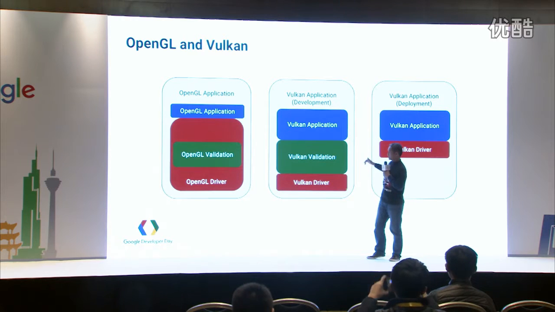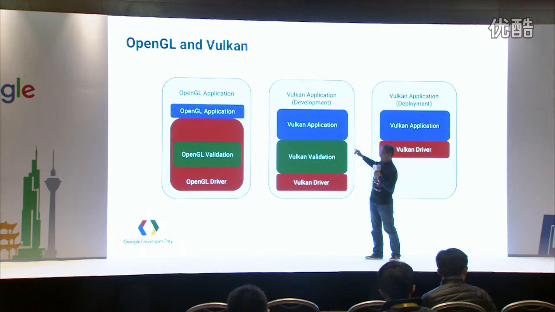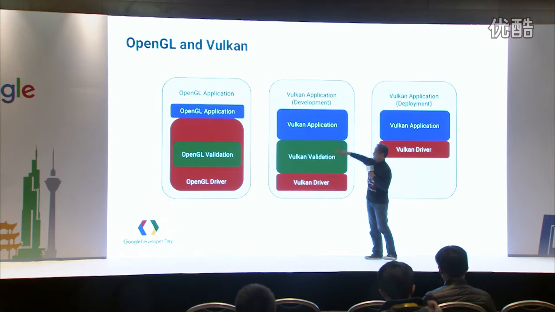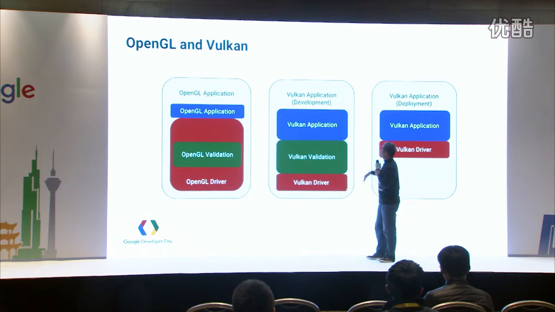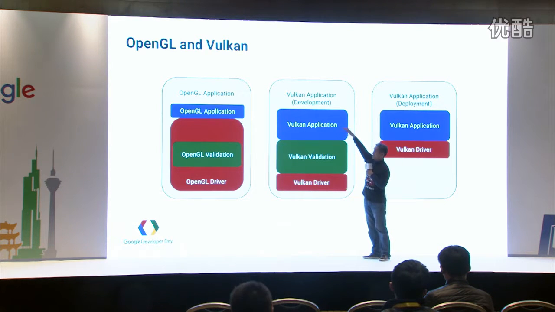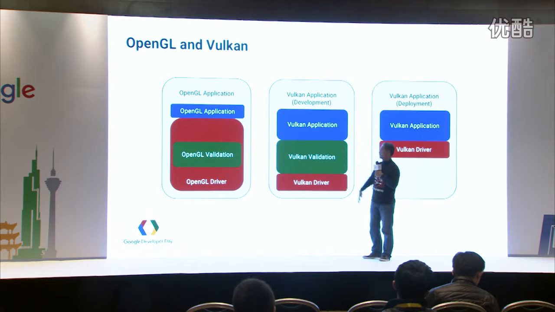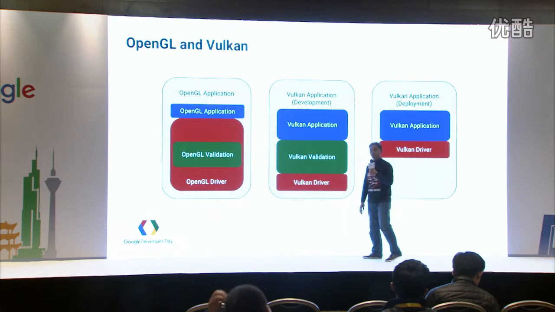Later on, we have a big section for that. We have 7 layers right now, so we have all the validations in layers. You plug it in easily. We're going to show that. Then you write your application. If any parameters are wrong, or something is set wrong, or an image is not in the correct format, those things get caught by the Vulkan validation layers. It tells you right away.